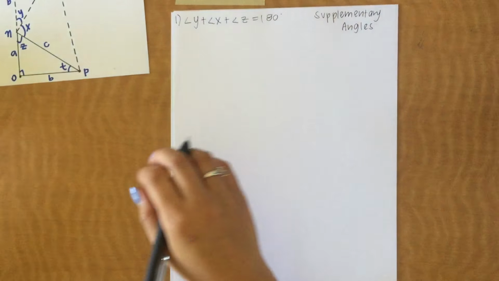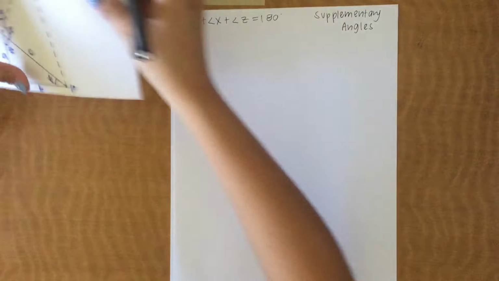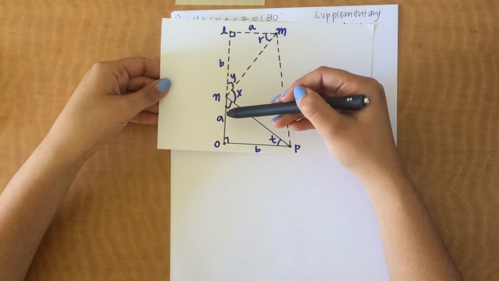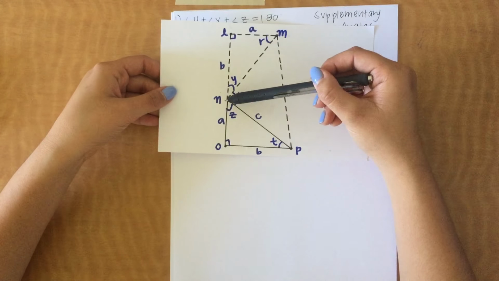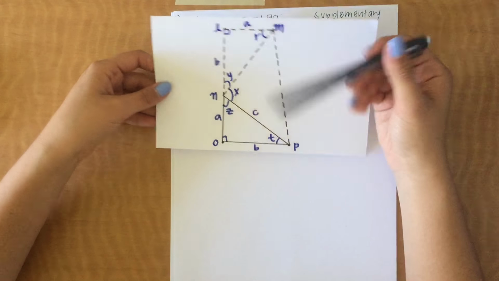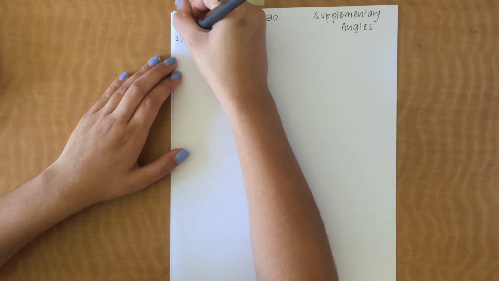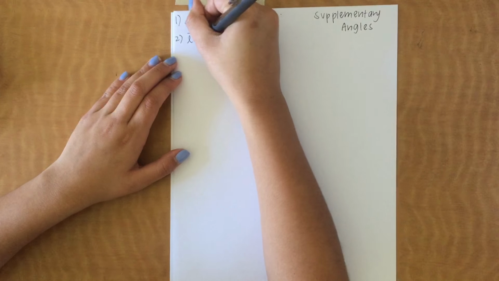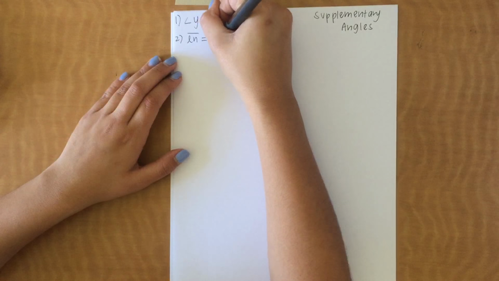Okay. And then we're going to try to find some kind of relationship between y and z. So we know that LN and OP are both equal to b, so they're congruent. So line LN equals line OP.